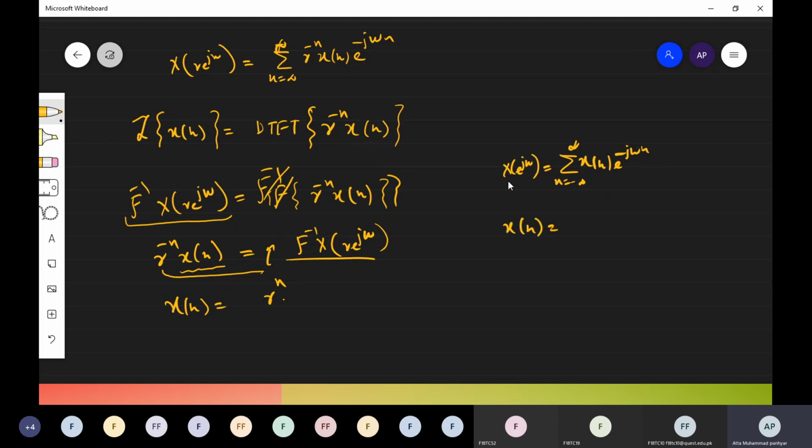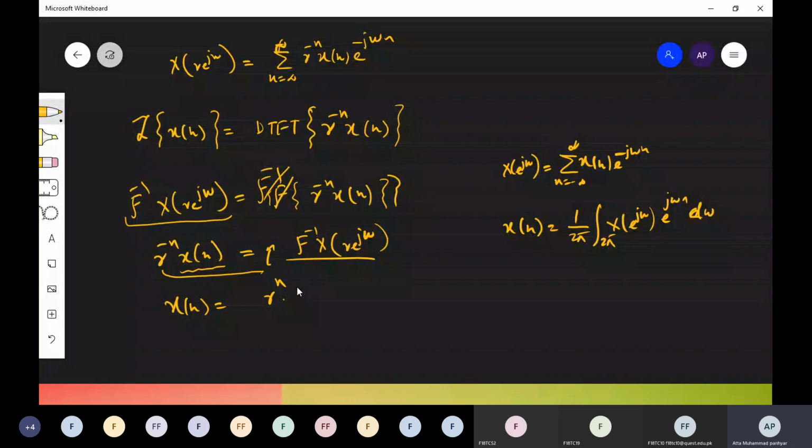And what about x of n? If you wish to compute the inverse of this signal, then that is equal to 1 over 2 pi integral over 2 pi of x of e to the power j omega, and then e to the power positive j omega n d omega, right? Now we want to compute the inverse of this x of r e to the power j omega.